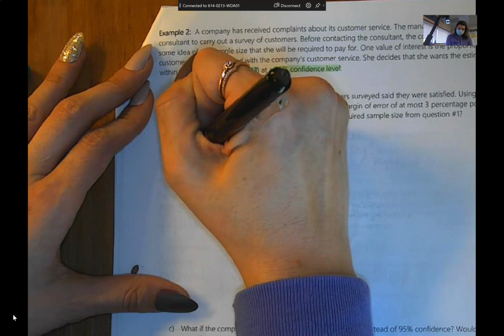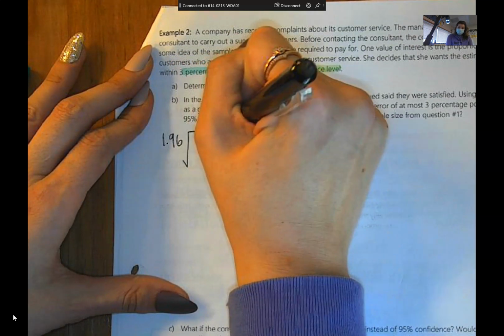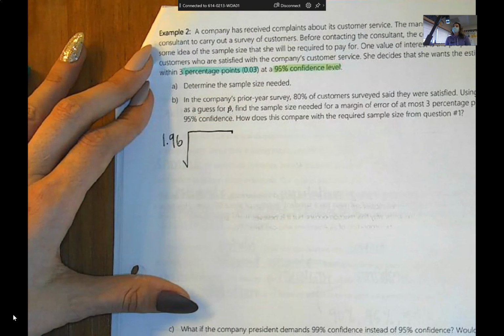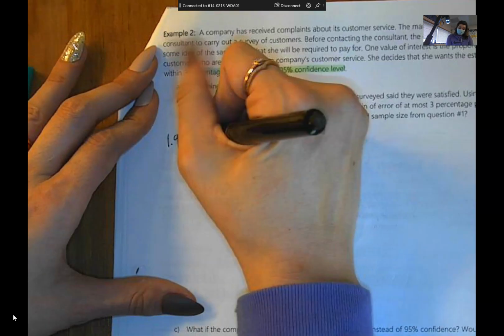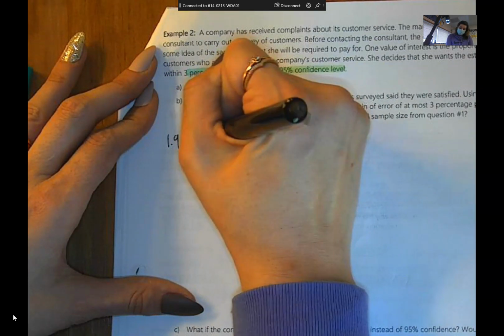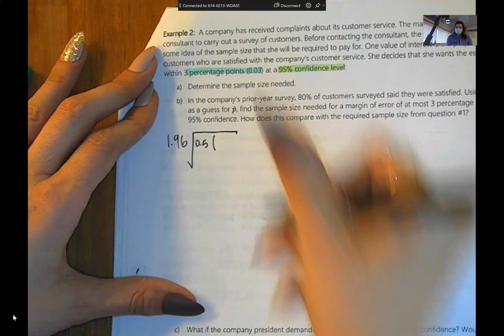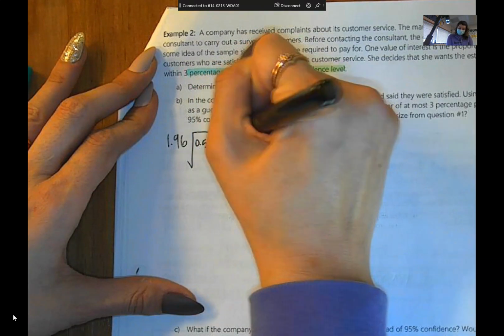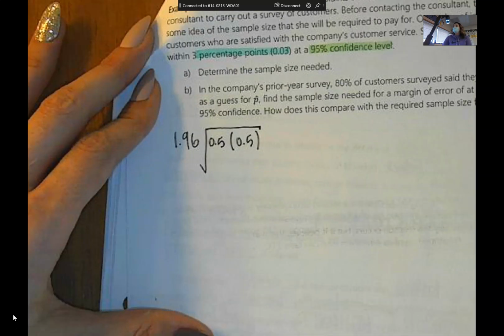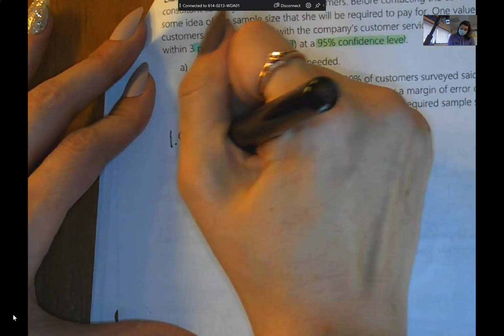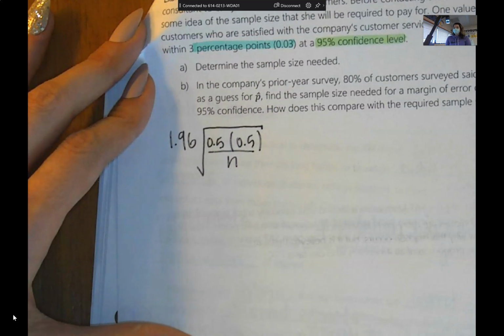Our standard error is where the conservative value comes in. We are going to multiply 0.5 times 1 minus that, which is 0.5, all over root n.